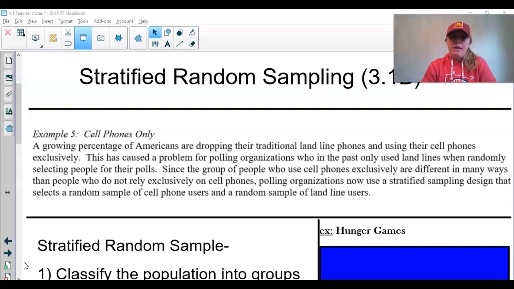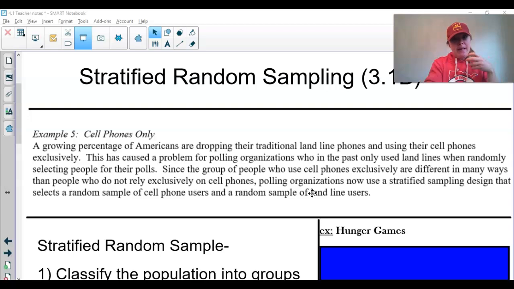In a simple random sample, we had one hat. Let's say we wanted to sample 100 people. 100 of those phone numbers would come out of that one hat, right? The issue here is, keep in mind, our book was written in 2007. So normally the people in their 20s only had cell phones, and people in their 30s and older, people with children and older than that, also had a landline and a cell phone.